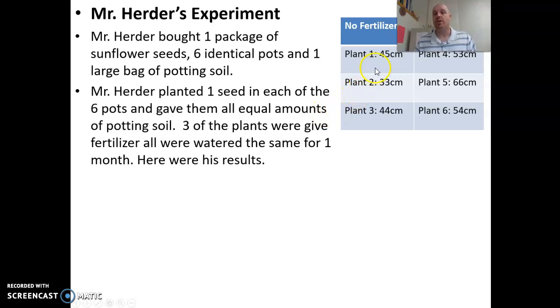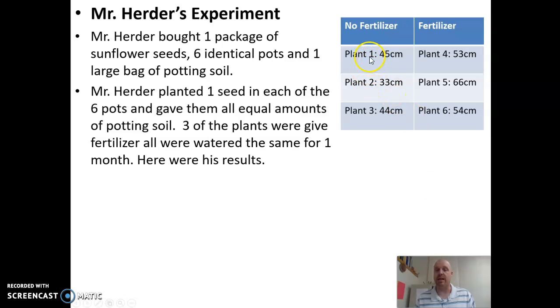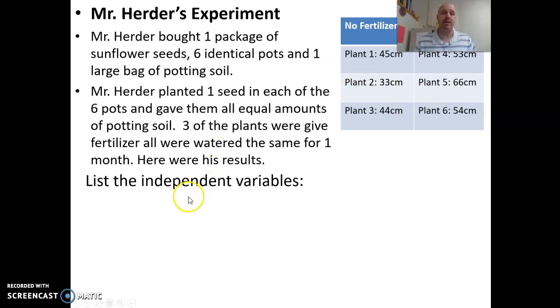Now here are my results, and I put a table on the right-hand side. I'll move my picture down here so you can see it. Plants 1, 2, and 3 with fertilizer versus no fertilizer, and you can average those out. The fertilizer plants grew taller. So just at a glance, you can tell that fertilizer grew more. Again, what are my independent variables? The independent variable is what did I change?